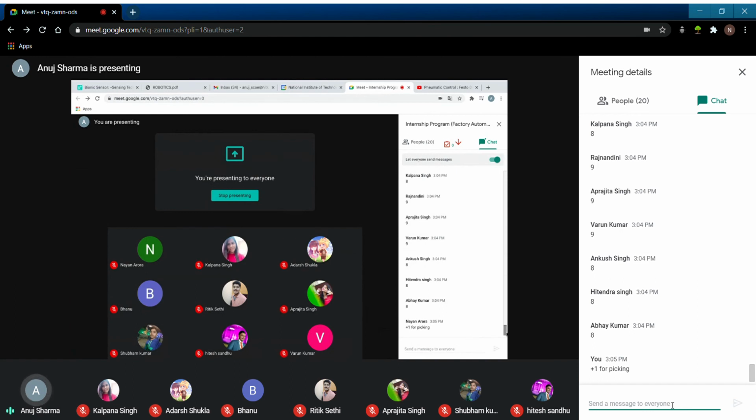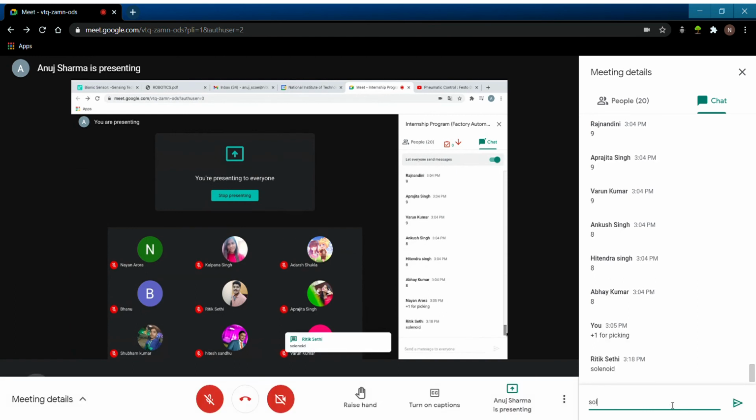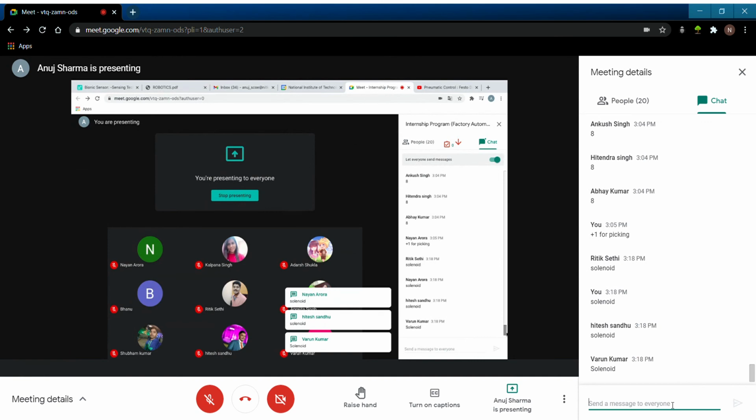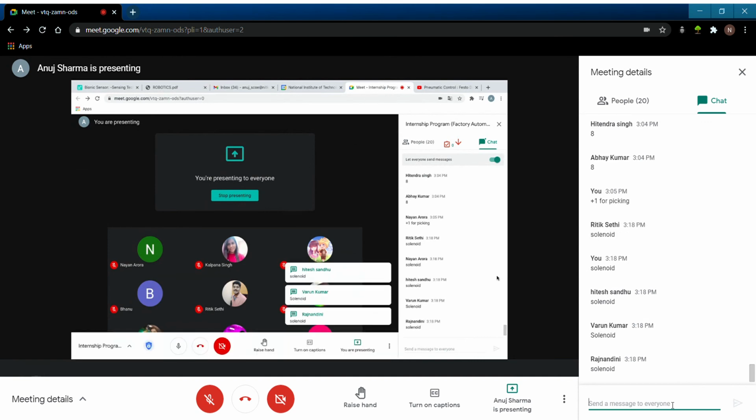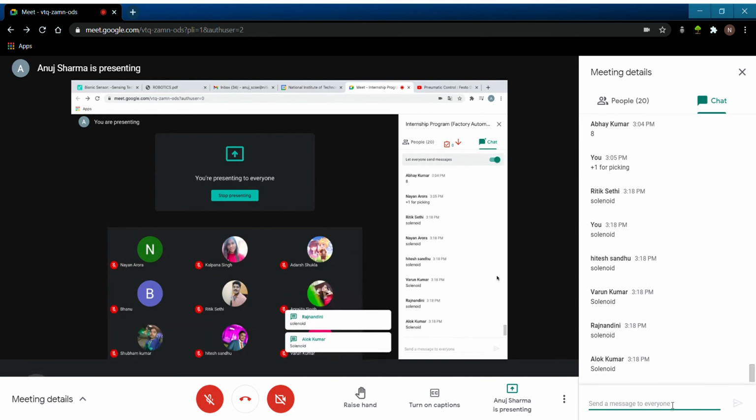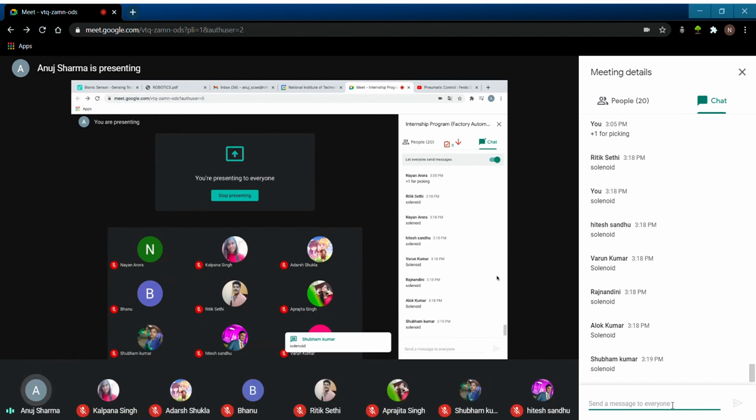We have already discussed it. Solenoid. Yes, Ritik, very correct. We use solenoid. So the technology is the same. The only thing is that now we control it with a solenoid, and the solenoid is working as an operator actuator.